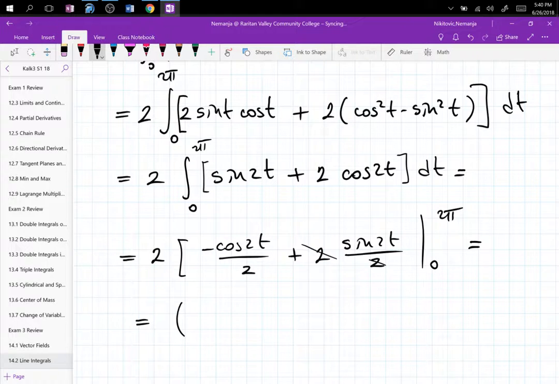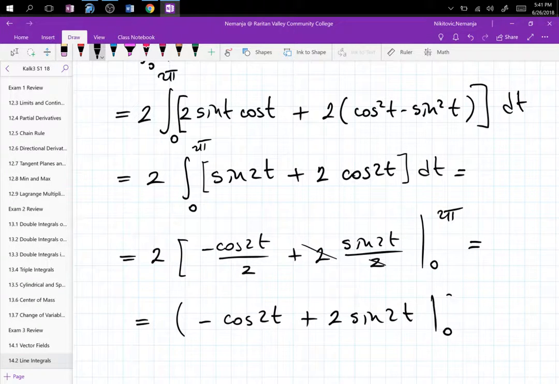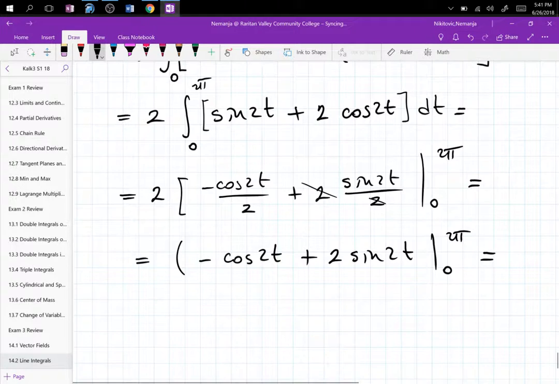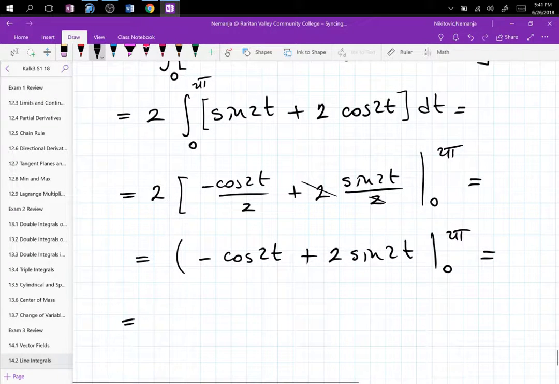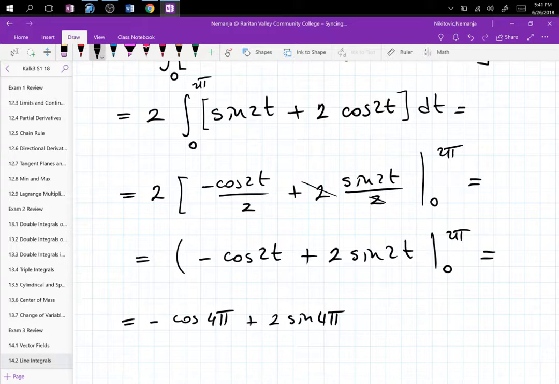So I have negative cosine 2t plus 2 sine 2t computed from 0 to 2 pi.